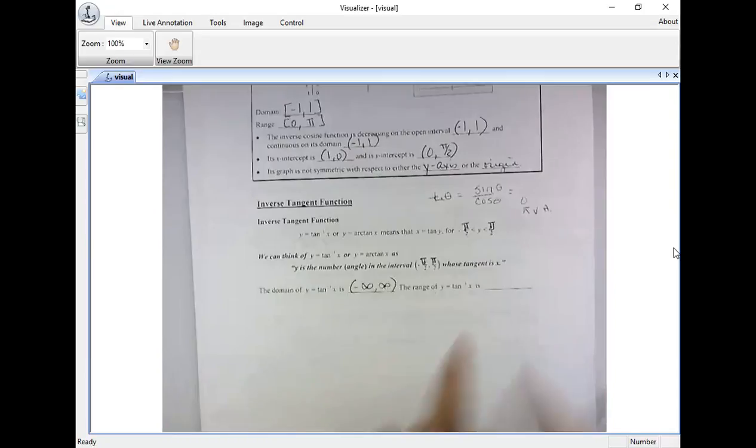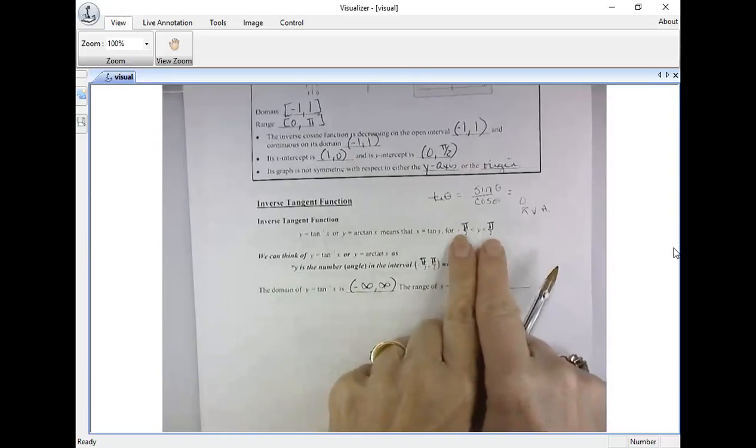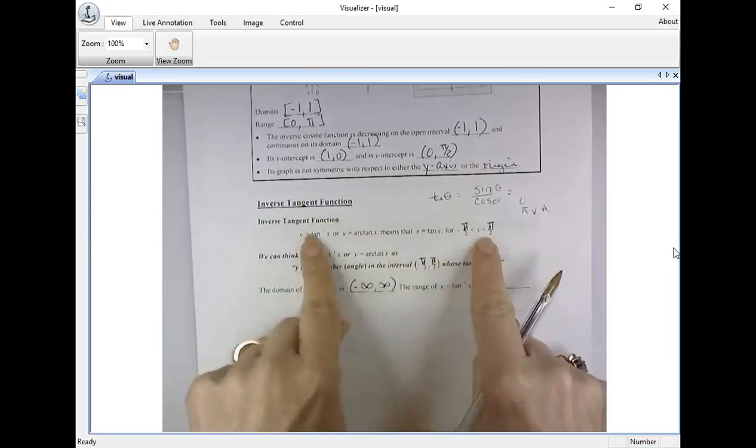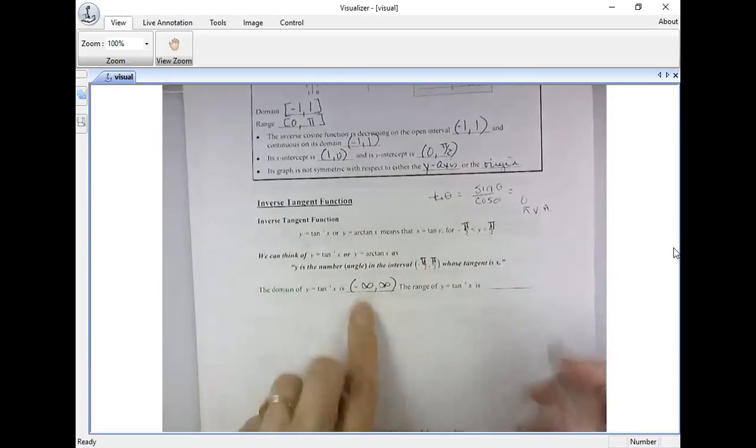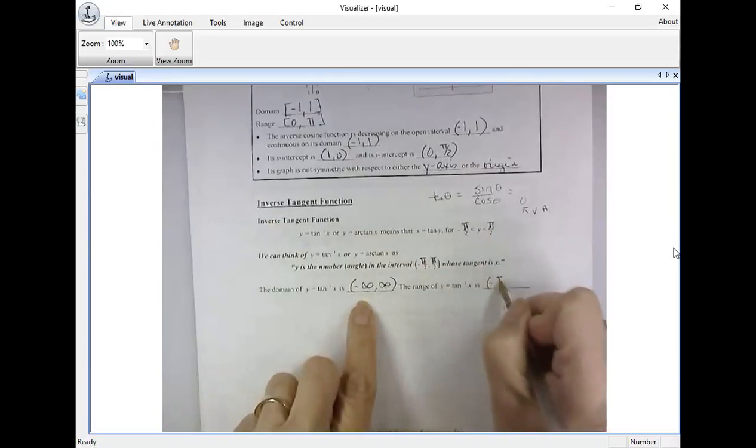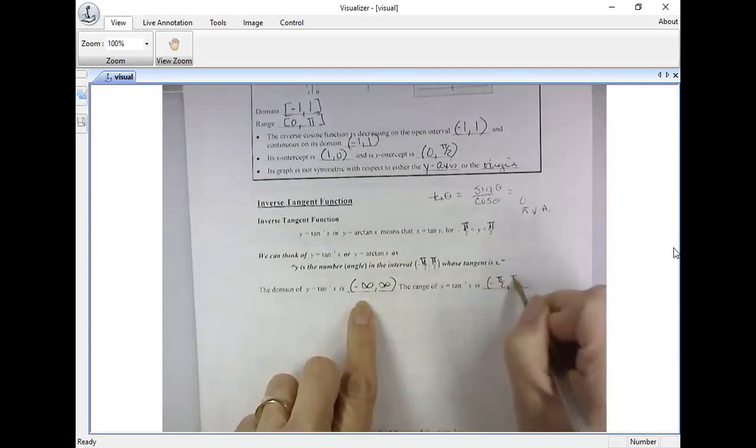My range is going to come back to what this restriction was here, because I restricted my domain in the tangent in order to make sure this thing would be a function when I took the arctangent. So from negative pi over 2 to positive pi over 2, because that's where those asymptotes occur, okay?